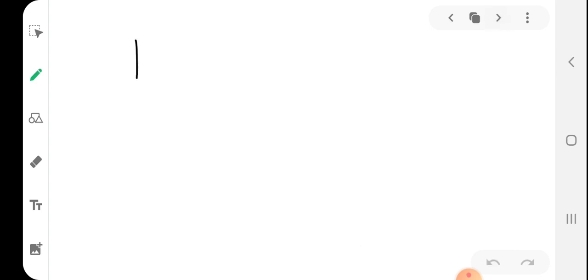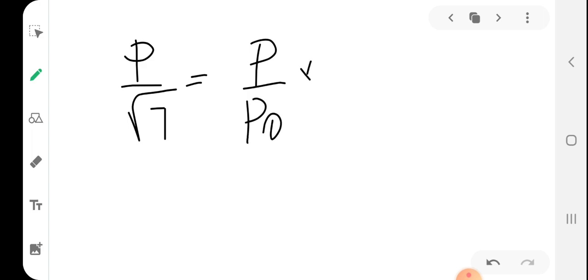Now concentrate on this term. P by root T can be written as P by P0 into P0 by root T. I am applying P0 in numerator and denominator.